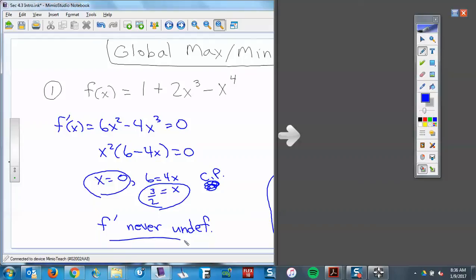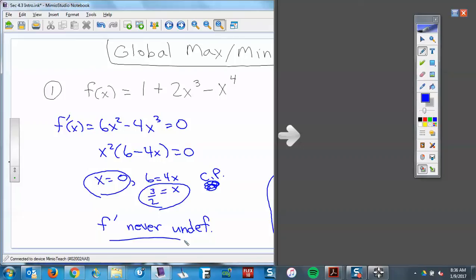How do you check undefined? Here's f prime. Is it ever undefined? What causes undefined? The most common things are 0 on the bottom, or a negative inside the square root. Those would be the big ones.